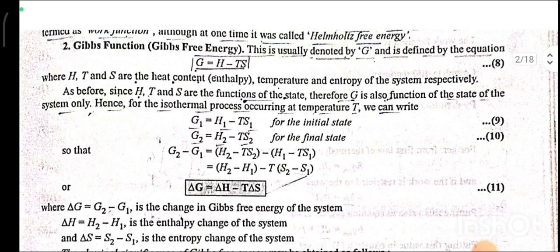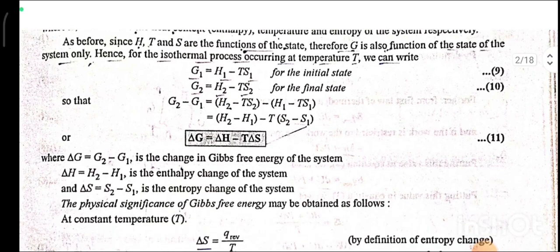Hence, for the isothermal process occurring at temperature T, we can write G1 = H1 - TS1 for the initial state. For the final state, G2 = H2 - TS2. G2 - G1 comes out to be (H2 - H1) - T(S2 - S1).